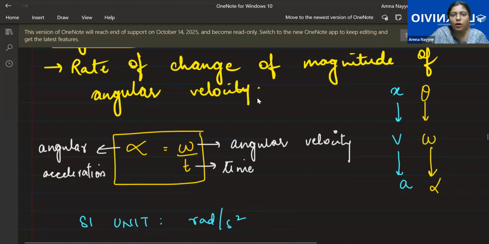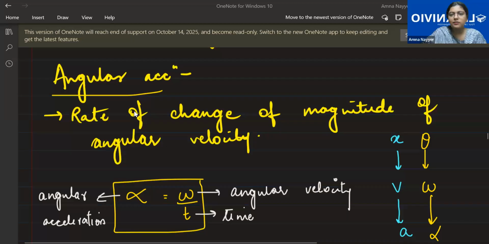Angular velocity is clear to all? Yes, ma'am. Okay, all right. Please write this. Then we'll practice more questions.